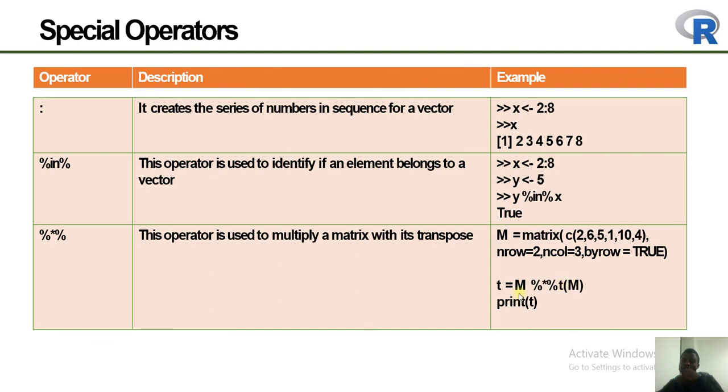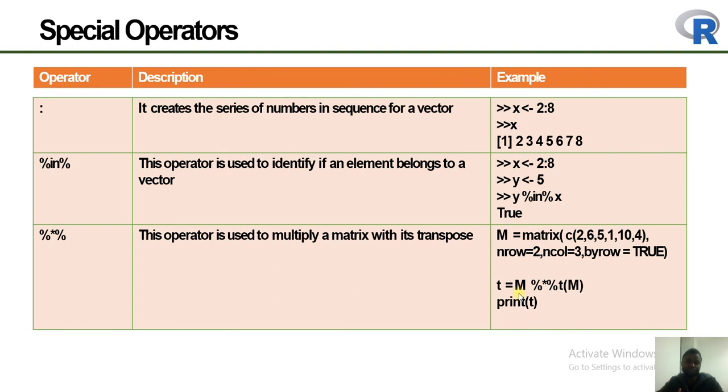So here what we are doing is multiplying the matrix with its transpose, and then storing the result in an object called T. From a basic understanding of what a matrix is, a matrix could be defined by the number of rows, as we have supplied arguments for rows and columns, and the transpose is like you have something in this form and you are turning it around this way.